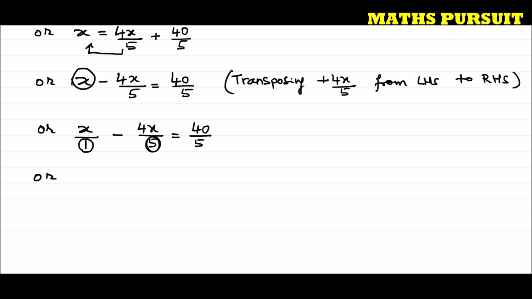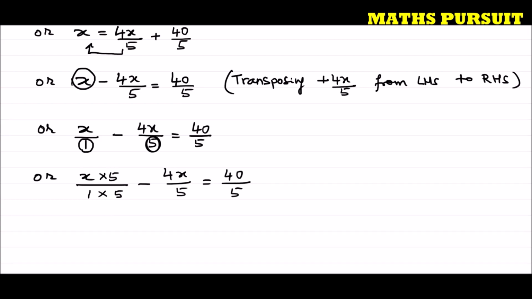As we need to multiply the denominator 1 with 5, we need to multiply the numerator x with 5 also. Because we very well know that if we are multiplying something to the numerator or denominator, we should also do the same thing to the other. So for that reason, we should also multiply 5 to the numerator. That means (x × 5)/(1 × 5) - 4x/5 = 40/5.